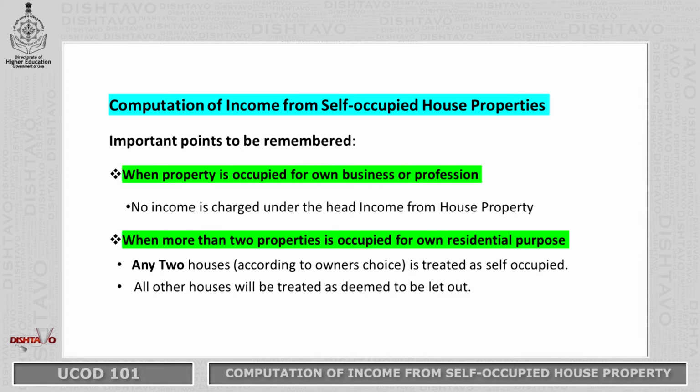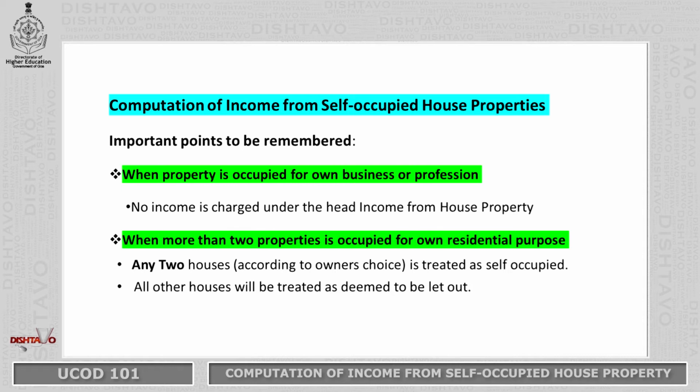Second is, when you have more than 2 self-occupied house properties, suppose a person is having 3 house properties, he can consider any 2 house properties for his own self-occupation, and the third house, even if it is not self-occupied or even if it is not let out, will be deemed to be let out and the income will be considered from that property.